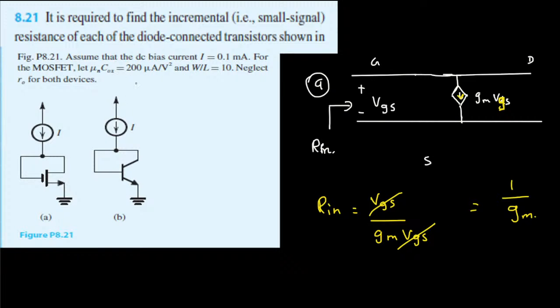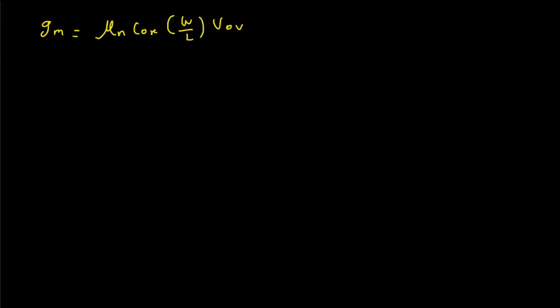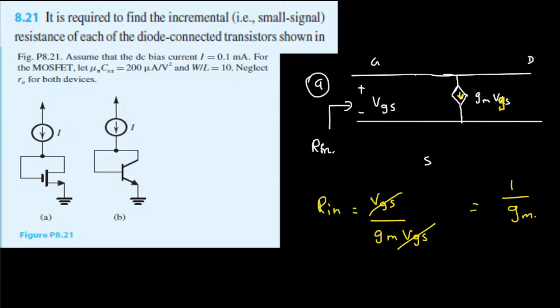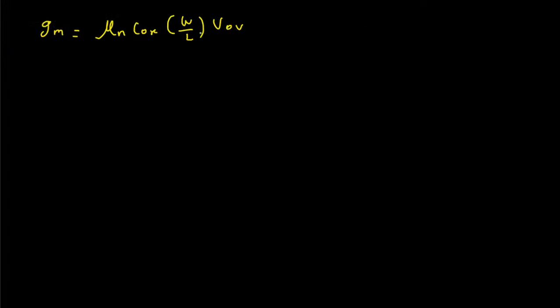We have mu n Cox readily available, and W over L is also provided, but we don't have the overdrive voltage. But there's a current provided, so you can use the equation I equals half mu n Cox W over L times the overdrive voltage squared, and solve for the overdrive voltage, since it's the only unknown. Then you plug that in here and solve for the transconductance.